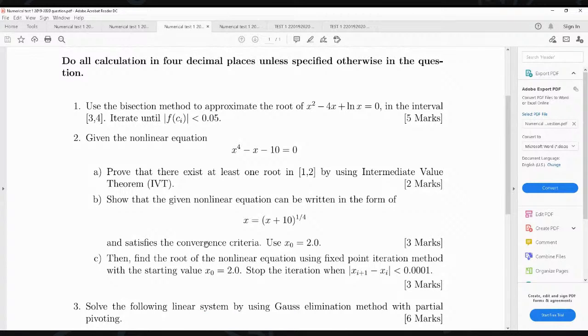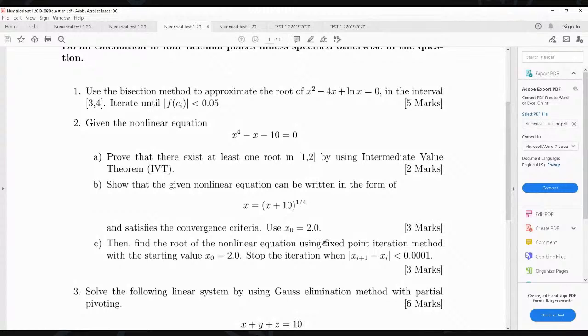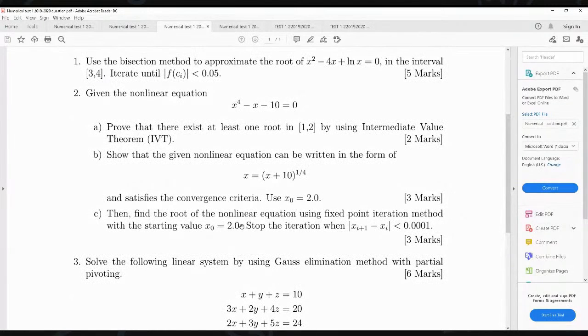And then they also ask you to use the fixed point iterative method by rearranging x to the power 4 minus x minus 10 equal to 0, into x equal to (x plus 10) to the power 1 over 4. All right. And then you put the initial condition, and stop the iteration when x(i+1) minus x(i) is less than 0.001. Okay, very small.